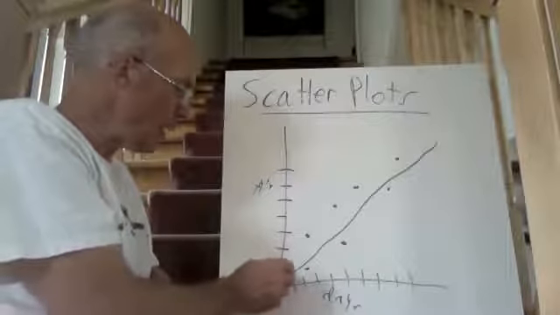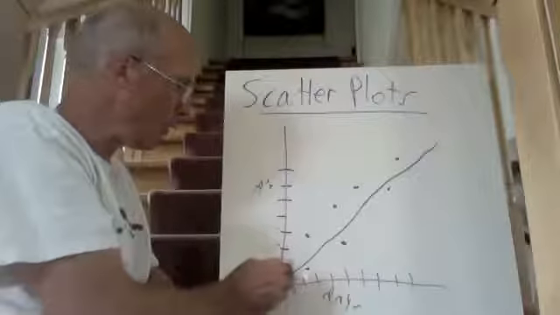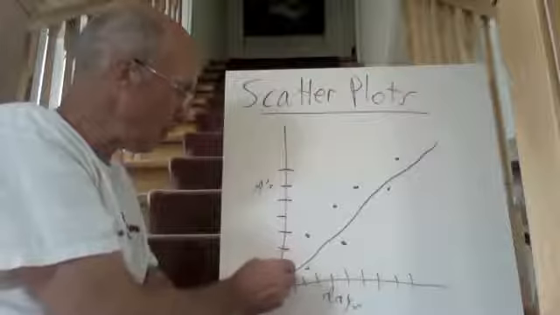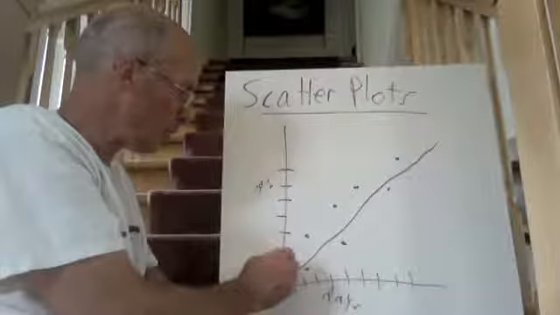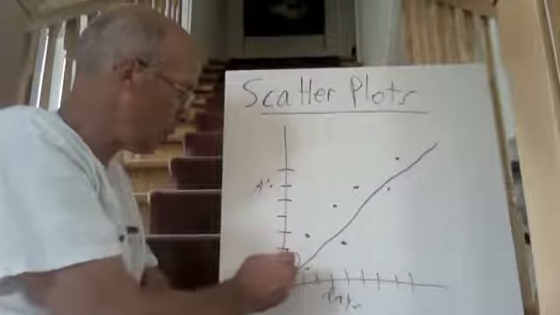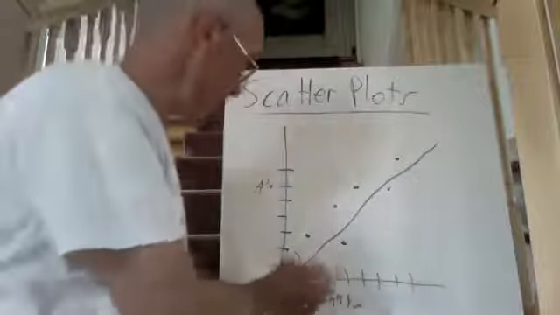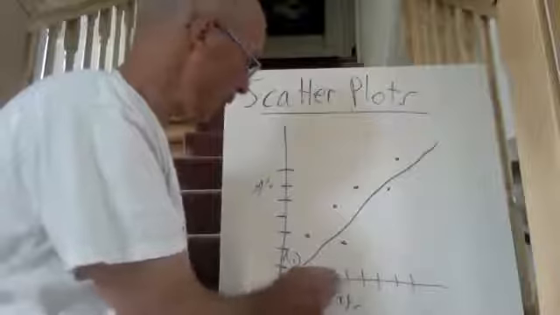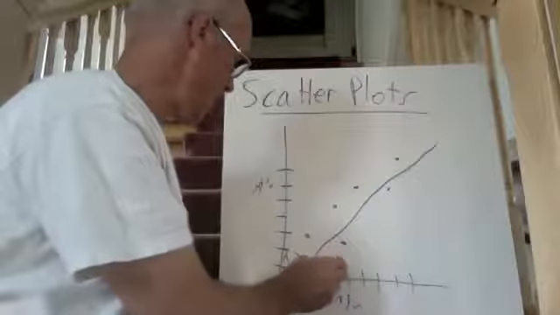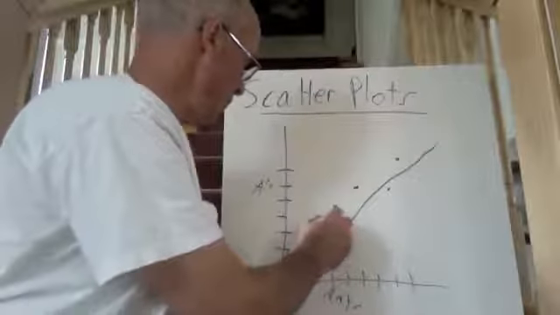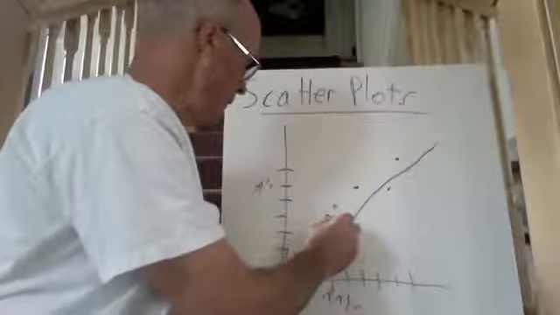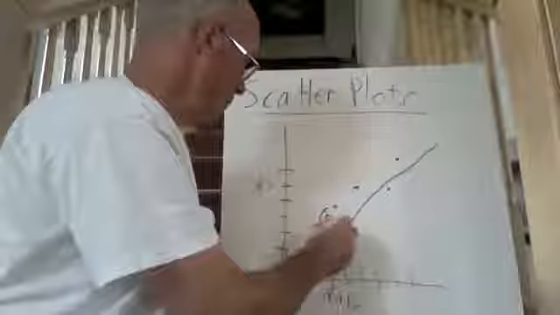So all I need to do is find out where is a point that my line of fit goes through. So it looks roughly like maybe I go through (1, 1), and let's see, 1, 2, 3, 4, 5, up 1, 2, 3. Let's say (5, 3). I know that's pretty rough.